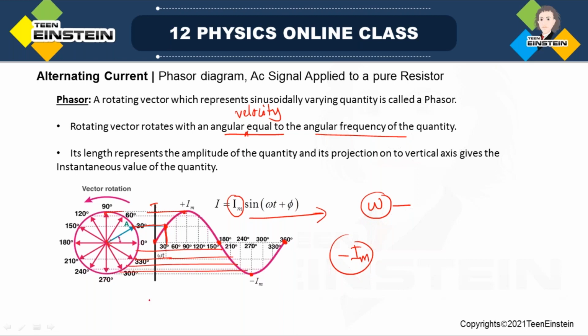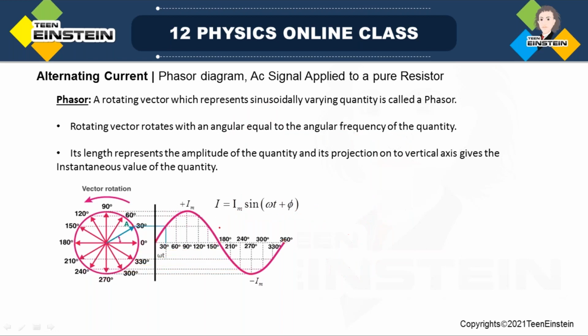If you take the projection on the vertical axis, this will give you the instantaneous value of the quantity, here current.